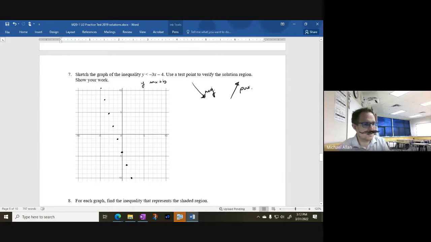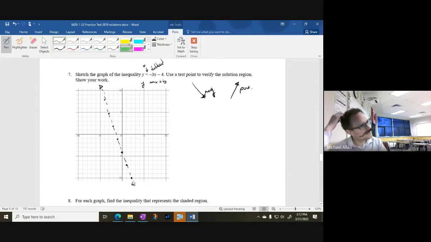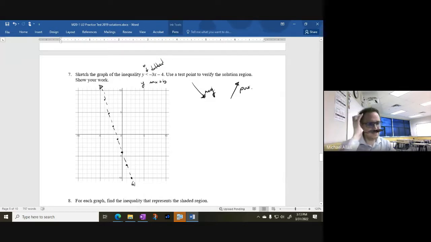All right. And then because it is not equal to, we're going to use a dashed or dotted line here for my equation. Oh, this is really hard to do in this drawing program that I have here. But that's essentially what the line is going to be. So it's going to be nice and dotted. Okay, there we go. And then I'm going to pick a side to shade, because all my solutions are mixes of x and y's to make this work.